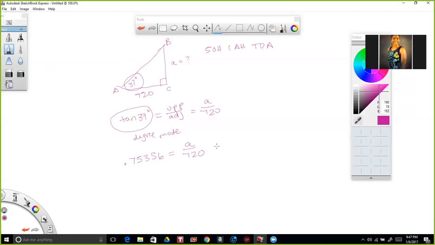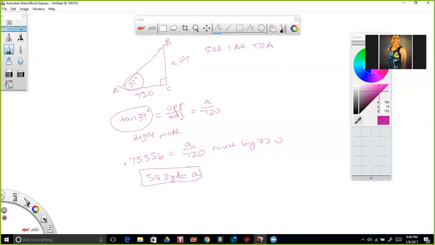To solve for A, multiply both sides by 720. And so A to the nearest whole number would be 543 yards. That's how we do that.